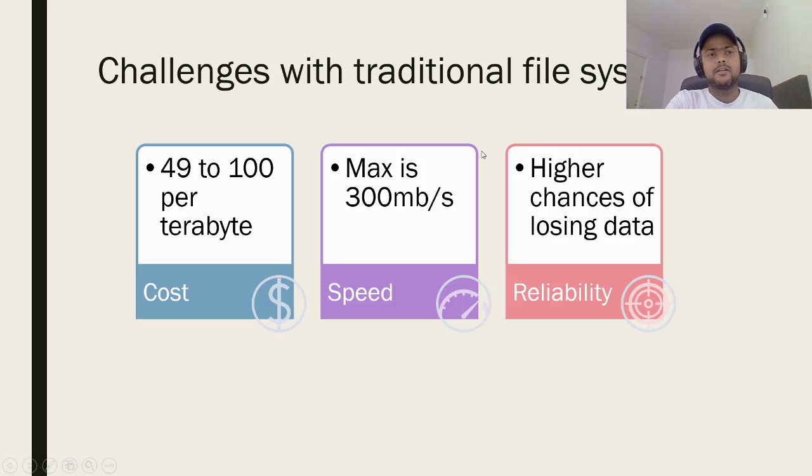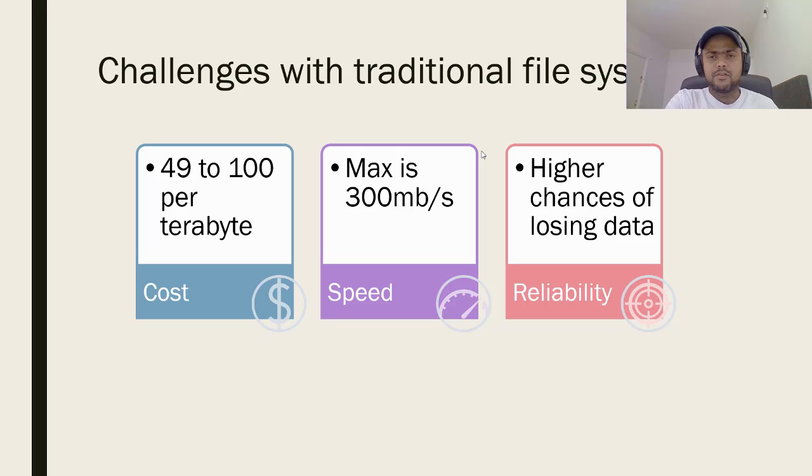First of all, let's understand what are the challenges with the traditional file systems. So when we talk about the traditional file systems, first of all, they are not very cheap. For example, a normal 1 terabyte hard disk could cost you somewhere between $49 to even $100. Similarly, when we talk about speed, there is a certain limit to which these hard drives can work. The maximum speed achievable is somewhere around 300 megabits per second.